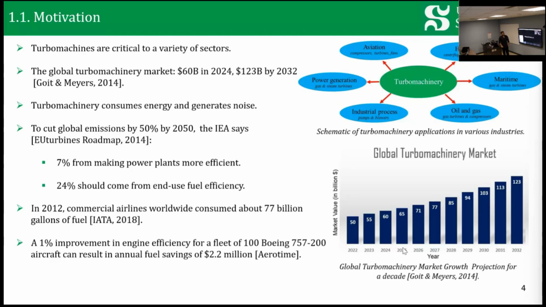Therefore, designing and fabricating more efficient turbomachines is not only a need but also a must. According to the International Energy Agency, achieving a 50% reduction in global emissions requires a substantial contribution from efficient turbomachines. 7% of this reduction is expected to result from efficient power plants where turbines play a vital role.